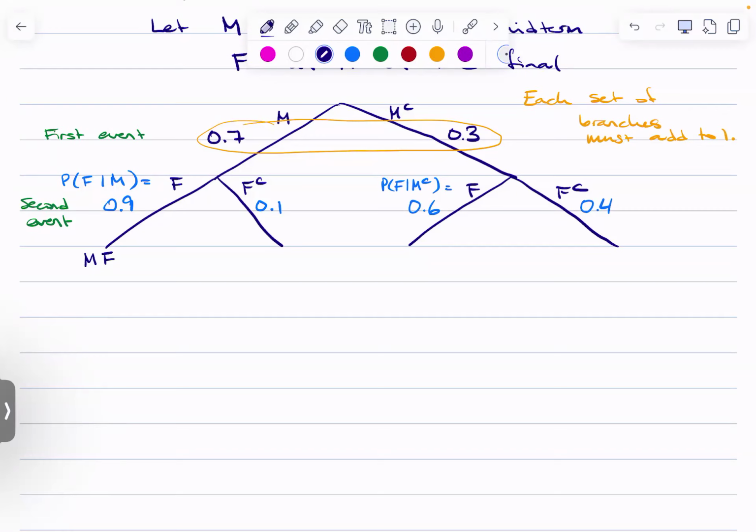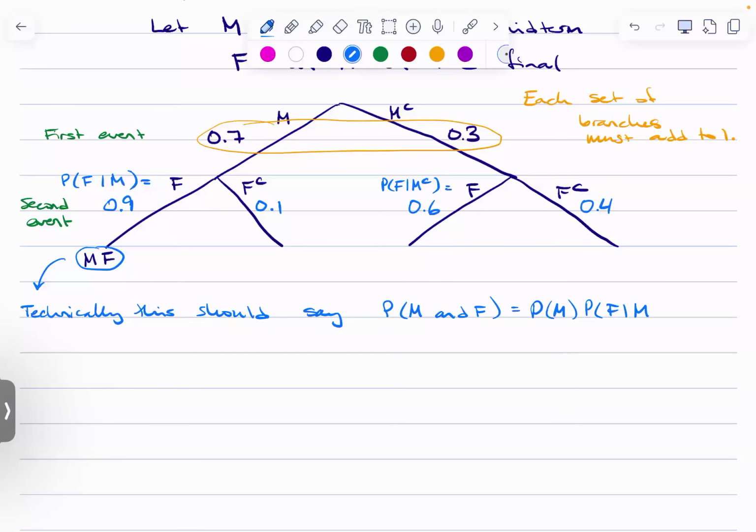Technically, what I'm saying is this should say the probability of M and F, which we know is the probability of M times the probability of F given M, which is 0.7 times 0.9.